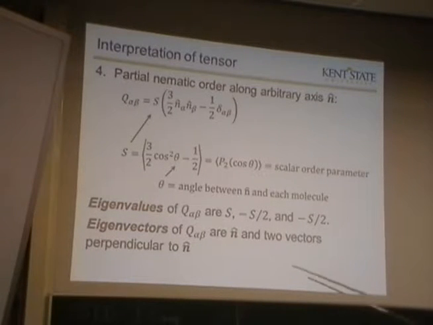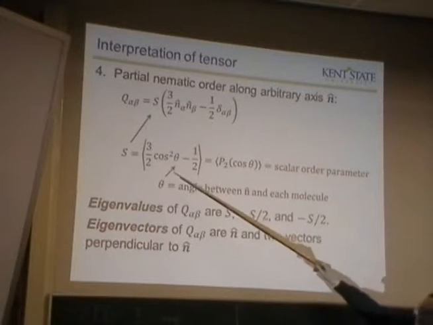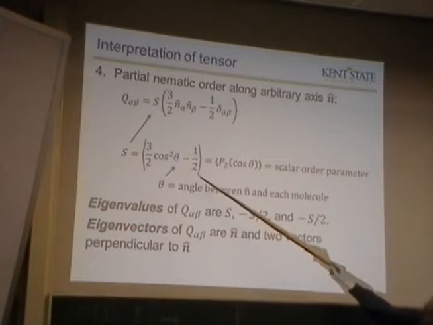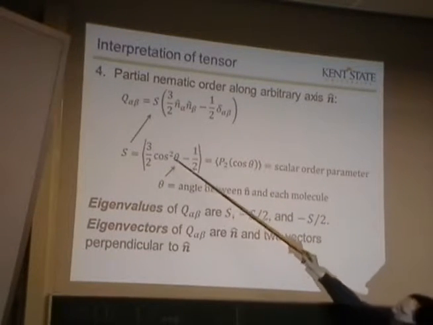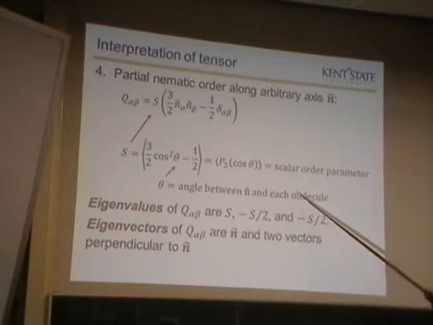Okay, and S is the average of 3/2 cosine squared theta minus a half, where theta is the angle between n and each molecule. Right. So this is the general expression for a tensor order parameter to characterize the nematic liquid crystal.